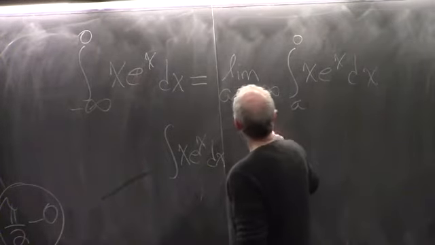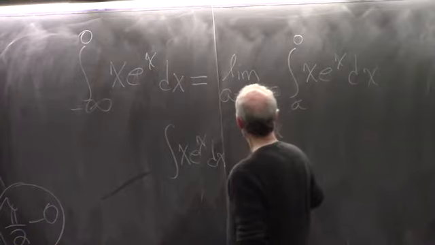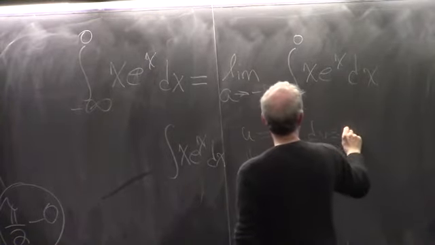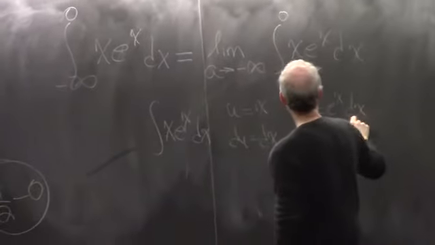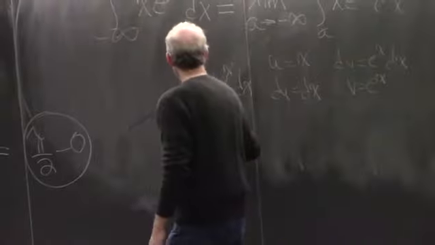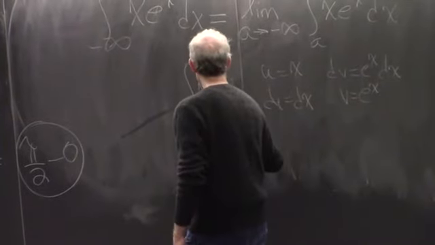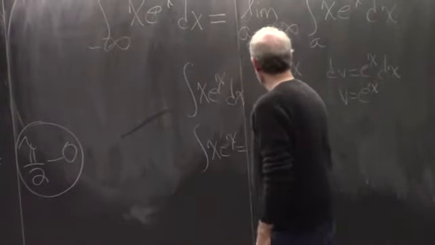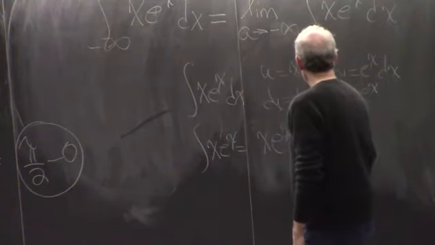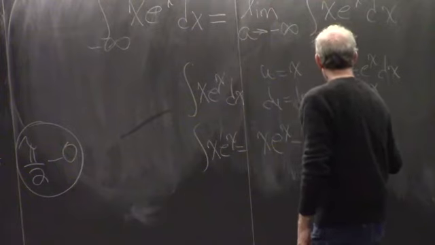So let's let u equal x. du is dx. dv is e to the x dx. And v is e to the x. So you can rewrite this as u times v minus the integral of v du.